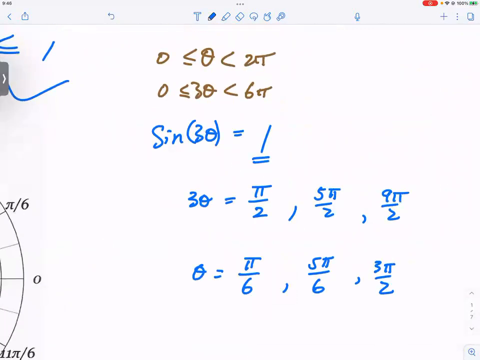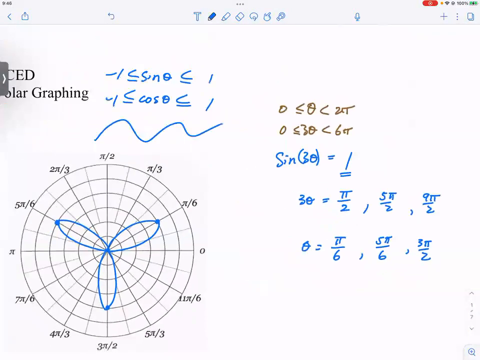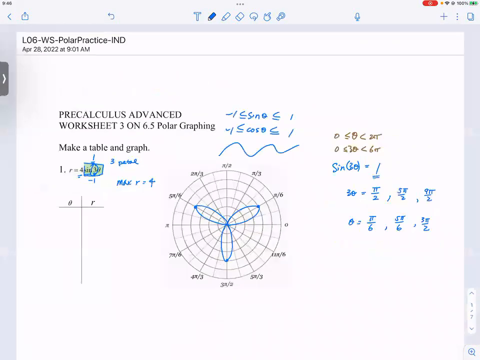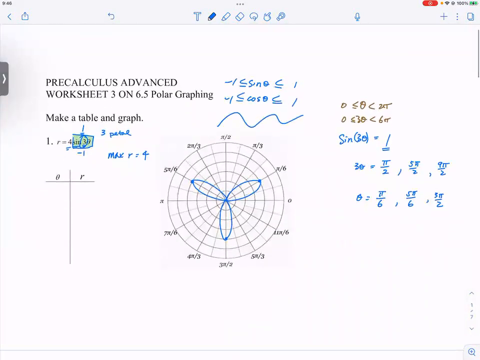You get 3 separate angles, but the points would actually duplicate. So you just need to do one set of calculations and you'll be fine. So for the table, you can say pi over 6, 5 pi over 6, and 3 pi over 2, and they will all be 4.